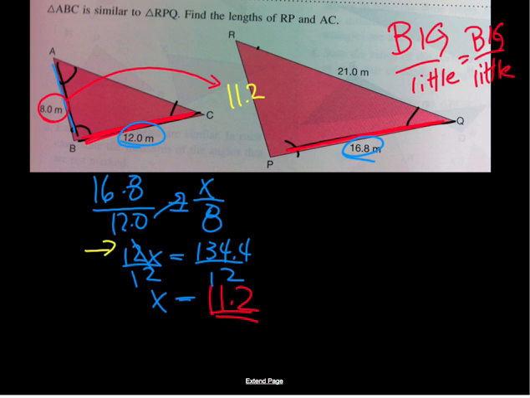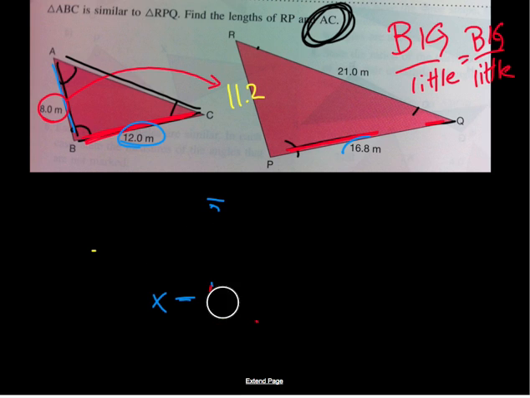So then the next part of the question is they want me to find A to C, which is this side. All right? So I'm going to erase this, and then take a look and see how I figure this out. So let's call this X now.